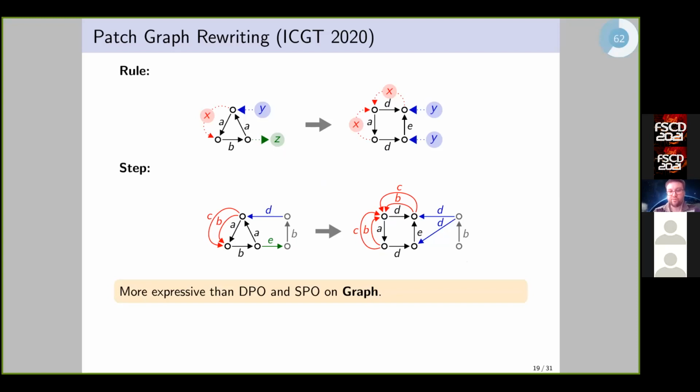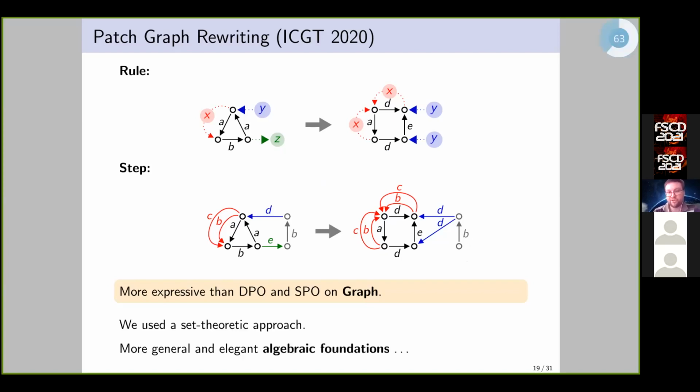On the category of graphs, this is much more flexible and much more general than DPO and SPO. However, it also has a drawback. We formulated this using a set theoretic approach, so it does not easily generalize. So we were looking for a more elegant algebraic characterization of such a system that gives this fine-grained control.